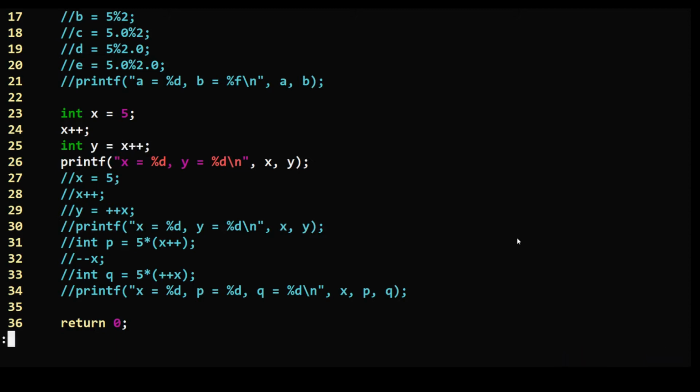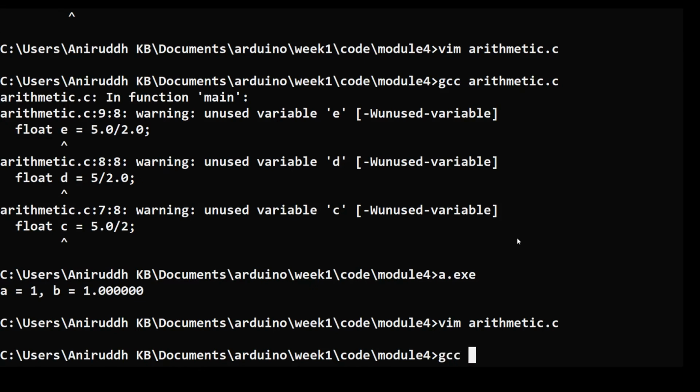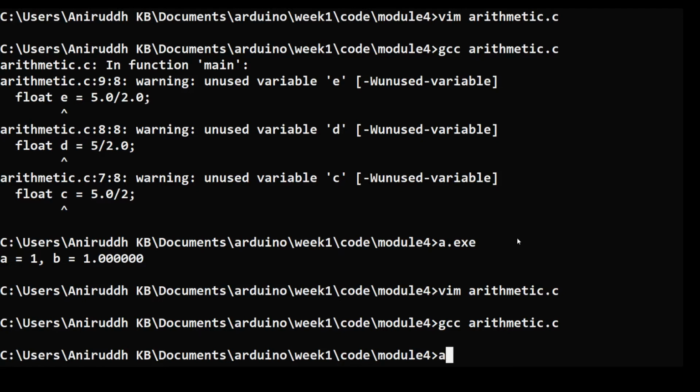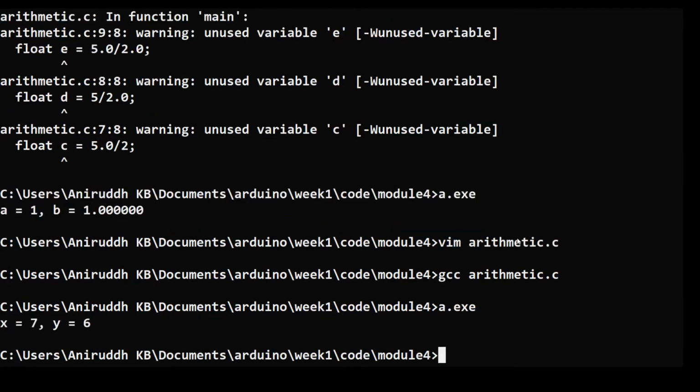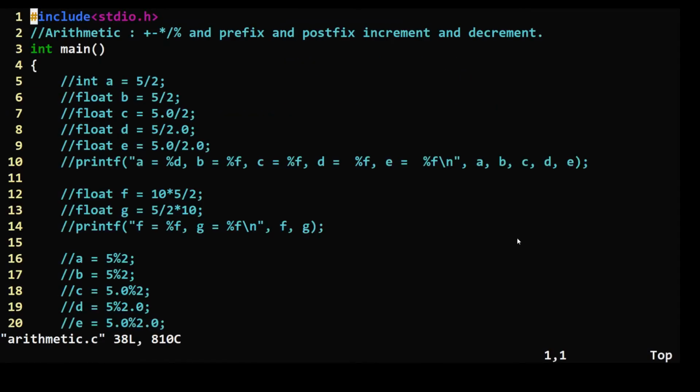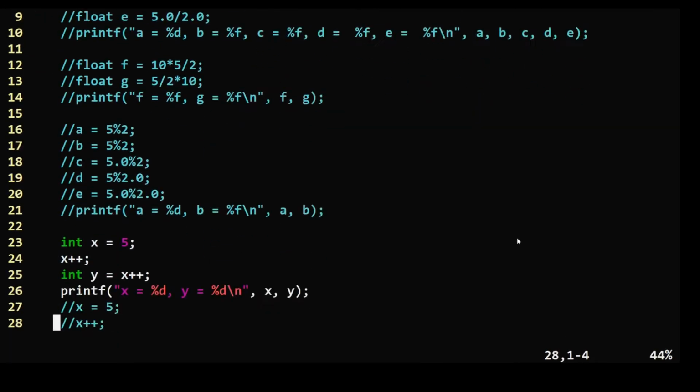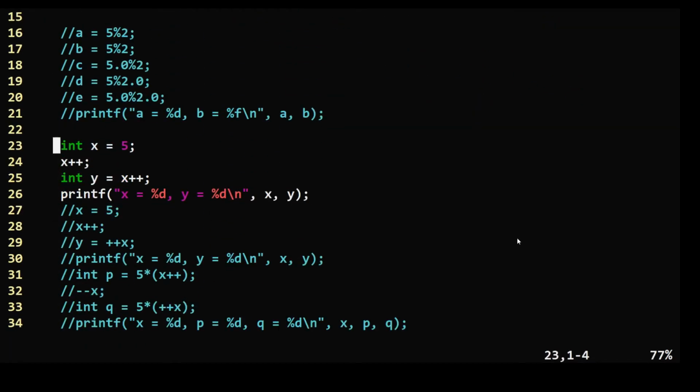Now just let's see this example. X is equal to 7 while y is equal to 6. So here we first made x 5, we incremented it to 6.